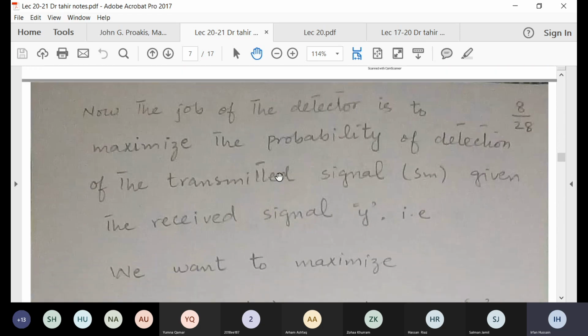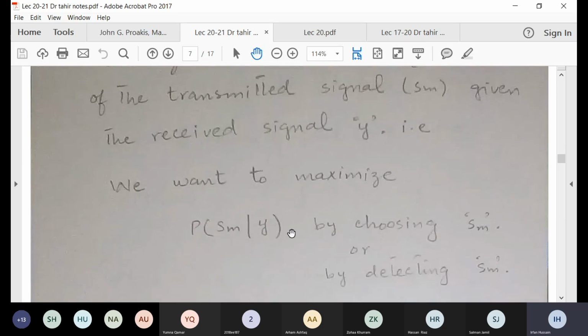This means that we are minimizing the error in detection. So we want to maximize the probability that Sm was sent given that y is received.